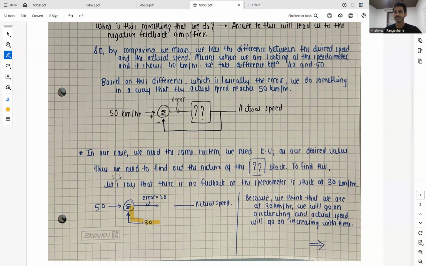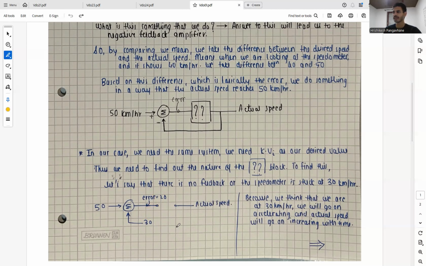Now we are sensing that we are going at 30 kilometers per hour, and our desired speed is 50. So the error which we are noticing is 20 kilometers per hour, and due to the fault in the speedometer, we are assuming that there is an error, and we have to do something so that we can reach 50.